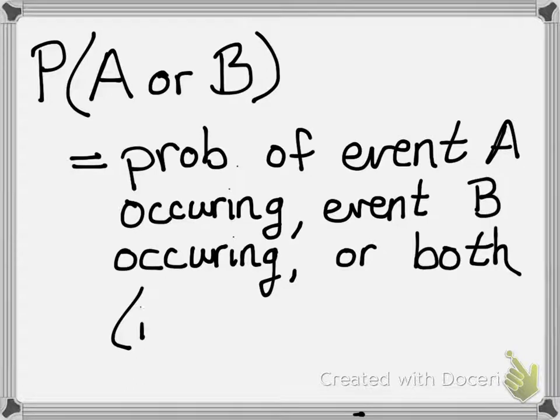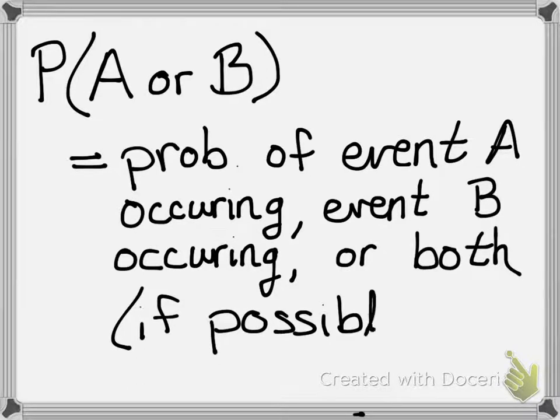And that's if possible. So that's the first thing that we're going to talk about, trying to find the probability of one thing happening or this other. So let's go ahead and start with an example.